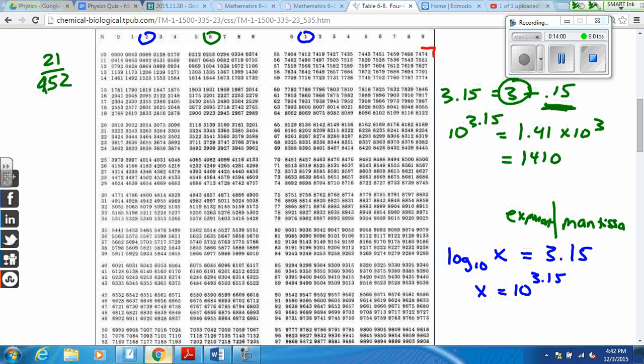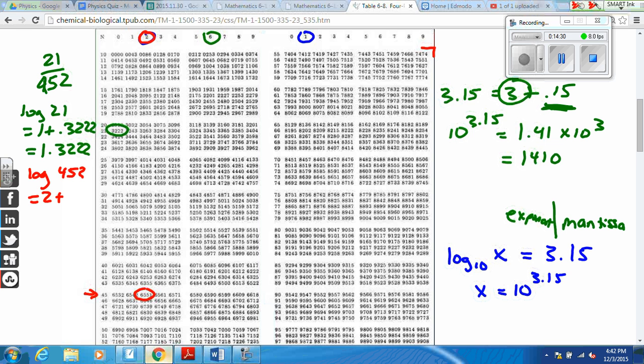Welcome back. The log of 21 is going to be equal to 1 plus the log of 2.1, which is 0.3222. And the log of 452, we already figured out. 452 was right here. 452 is going to be equal to 2 plus 0.6551.